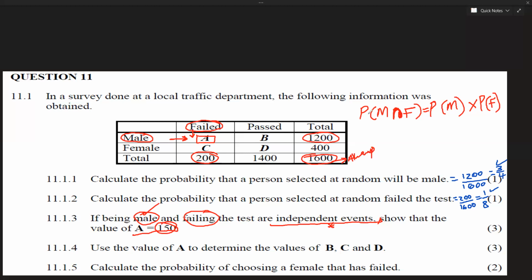Sharp. So P(male and fail), the event is A, over the total, which is 1,600. And then P(male) we calculated to be 3 over 4, multiplied by probability of failing, which is 1 over 8.